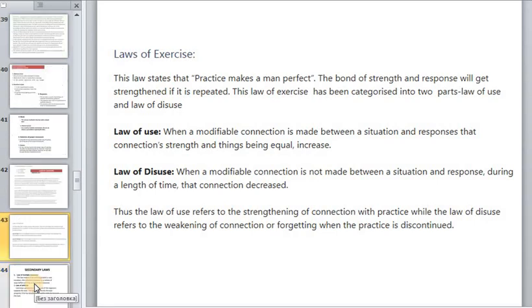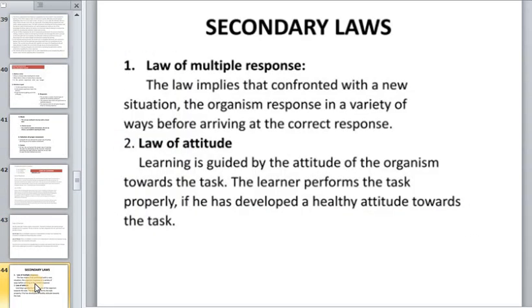So we have the primary laws and the secondary laws. Law of multiple response. The law implies that when confronted with a new situation, the organism responds in a variety of ways before arriving at the correct response.